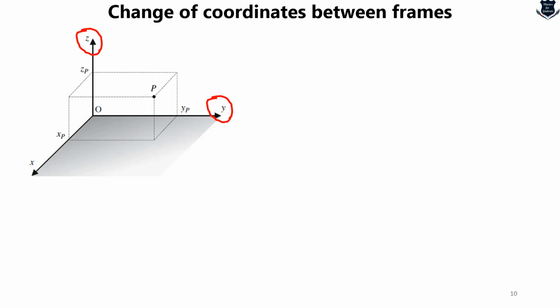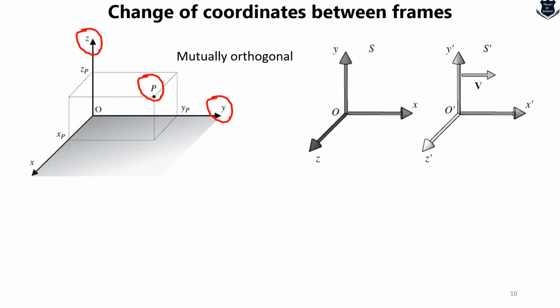So here the coordinates y and z are the distances between the point P and two coordinate planes which are mutually orthogonal on the x-axis. Remember, they are mutually orthogonal on the x-axis as given in the previous video. However, in this kind of a moving frame of reference which I showed you, the frames S and S prime are not orthogonal, but they are equally oriented, and their X and X prime axes are superimposed on each other.